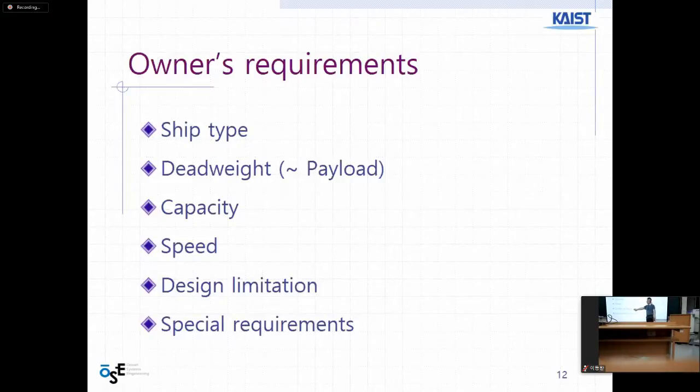And limitations, something like the ship should enter the Sydney port. That Sydney port has a bridge, so the ship should pass under the bridge, so the height should be minimal. And the biggest limitation comes from the canal.